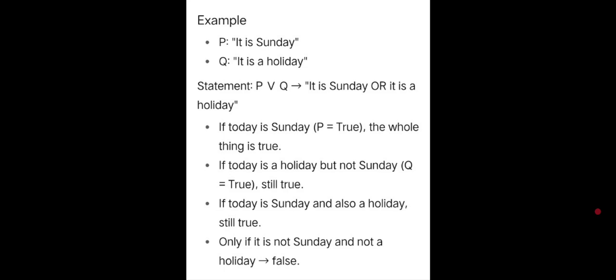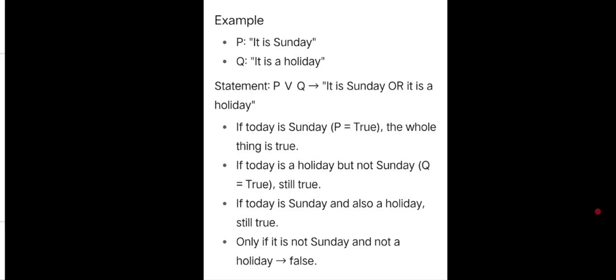If today is a holiday but not Sunday, it will be a true statement. If today is Sunday and also a holiday, still both true. So only if it is not Sunday and not a holiday, the statement will be false. So when both the statements are false, then only the connective statement will be false.